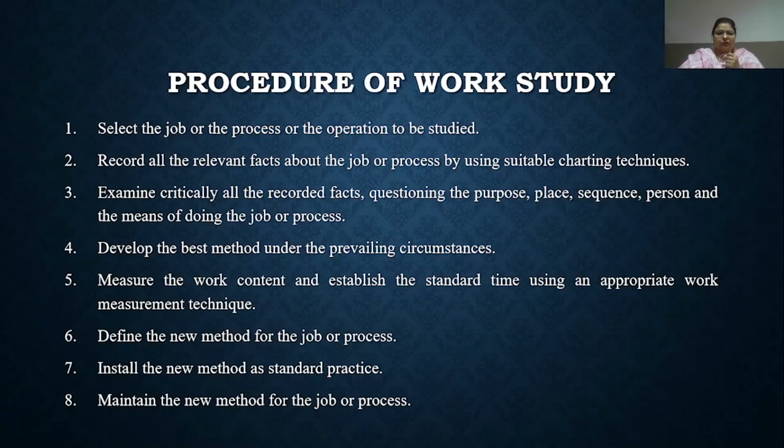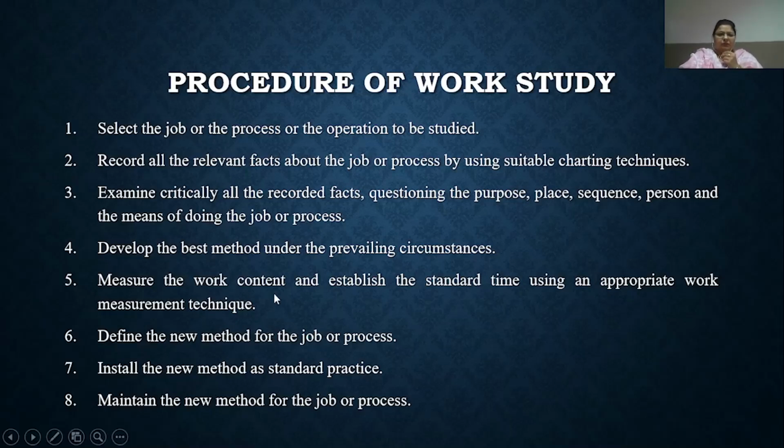In this step, we have to critically maintain a record of the facts, or we can say the actual time taken by a particular worker, what the purpose of this production process is, at what place the workers are doing the work, what the proper process or method is that he is going to apply, and how many persons are already working on this particular process or job.